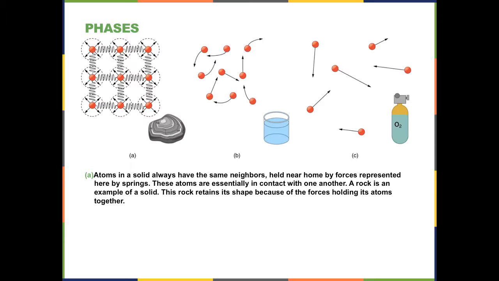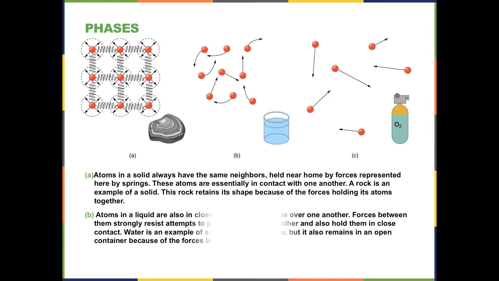They are held near to those places by forces which have been represented here by springs. The atoms are essentially always in contact with each other, and the rock that's shown here is an example of a solid. It retains its shape because the forces holding those atoms together cause it to retain its shape.